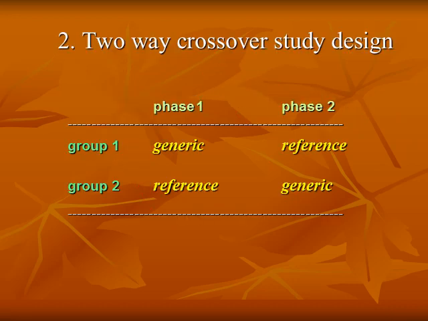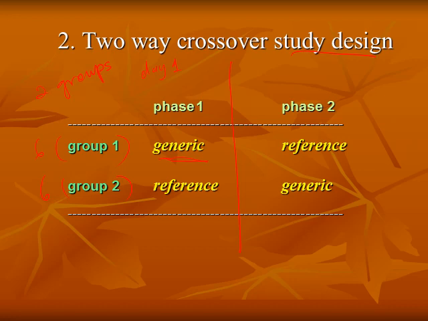So what do you mean by a two-way crossover study design? It means that, let's say you have two groups of subjects, group 1, 6 of them, group 2, 6 of them. In phase 1, let's say on day 1, you ask group 1 to take the generic product, let's say 1 tablet.